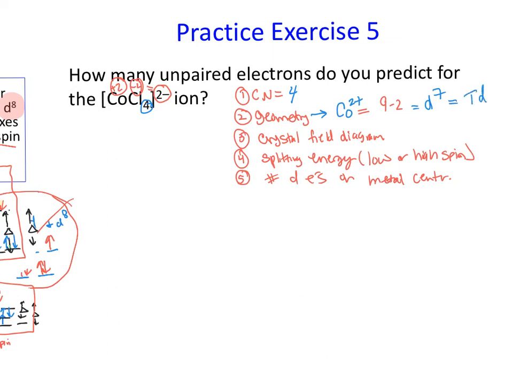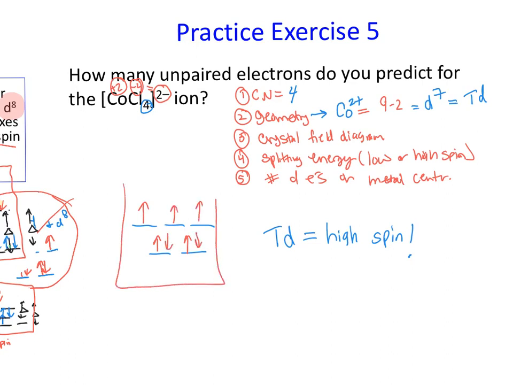D7, that means we're going to be tetrahedral. Our tetrahedral crystal field diagram is the opposite of octahedral. And I know tetrahedral is usually always high spin. So I don't even need to look at the ligand and the spectrochemical series. Now I can fill my d electrons in. High spin means that 1, 2 would go up high before I pair. 5, 6, 7.